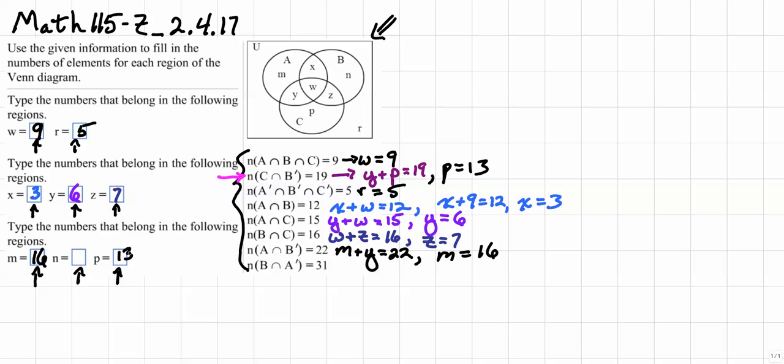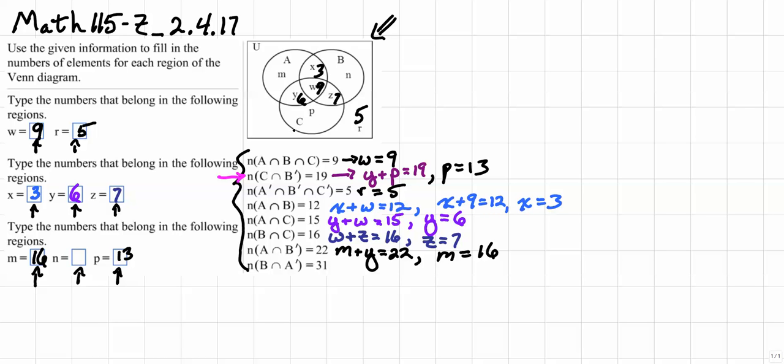Now, one of the things that you could be doing, if this makes it easier, is to go ahead and write the numbers in the regions as you figure them out, and it might help you to better associate all the values with your regions.